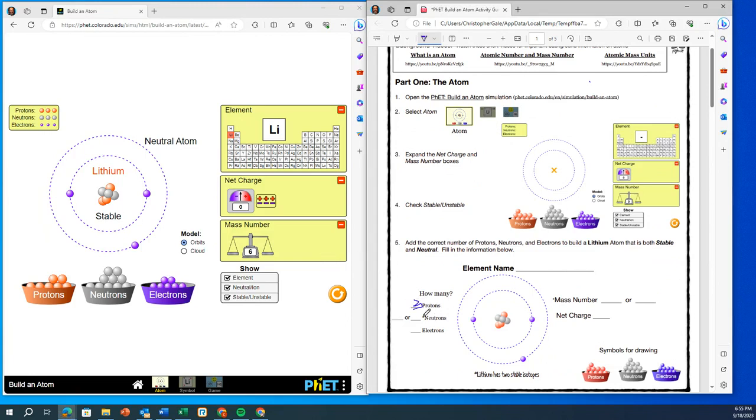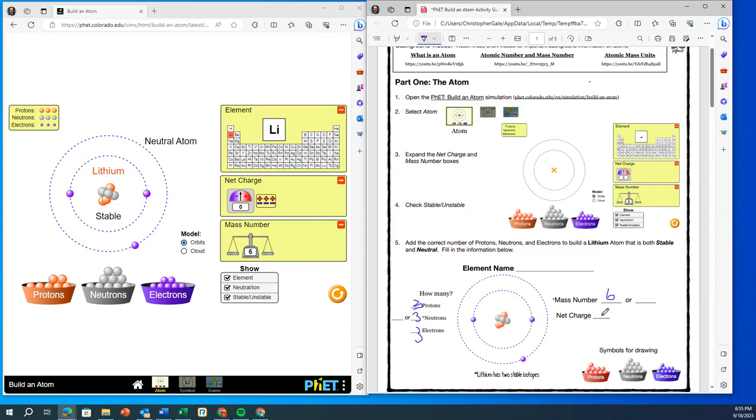And I have 3 neutrons and 3 electrons. The mass number is 6. And so I get the mass number from here.